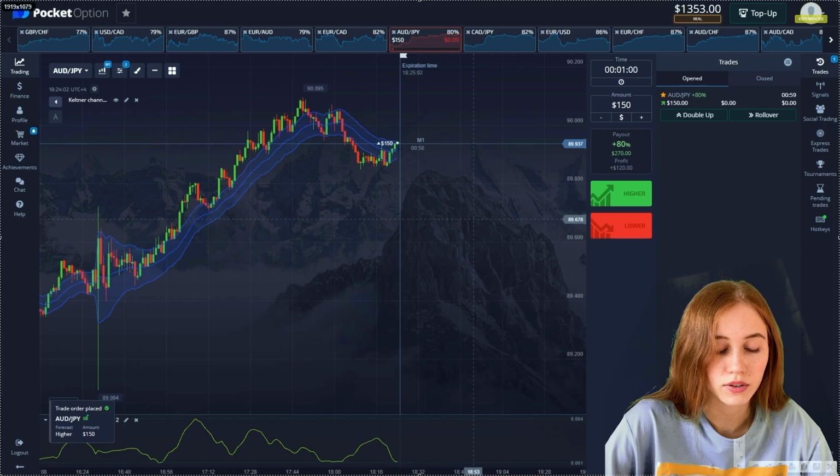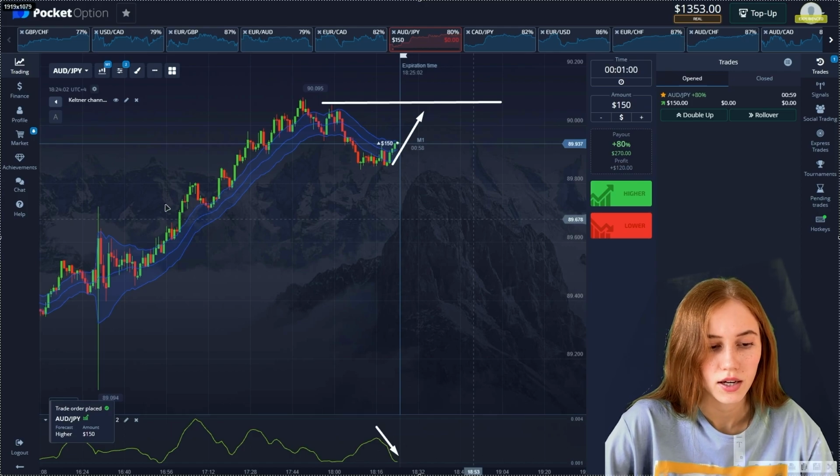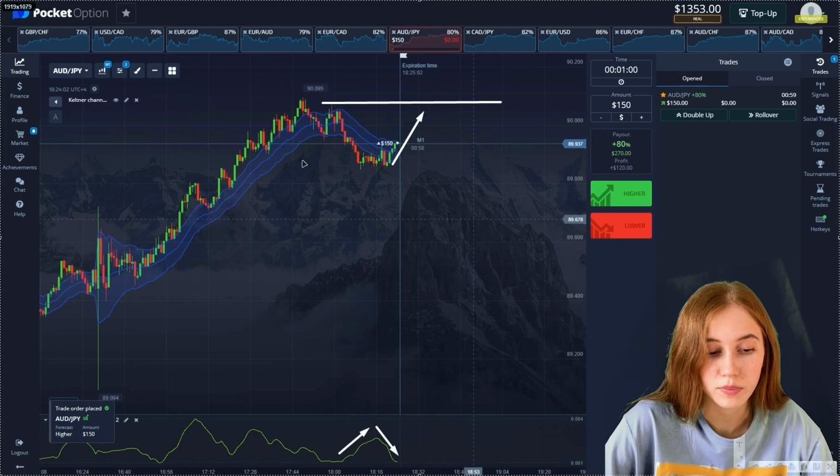And according to our second indicator, we see volatility is at its minimum and there are no jumps, and volatility has dropped significantly. Let's see.